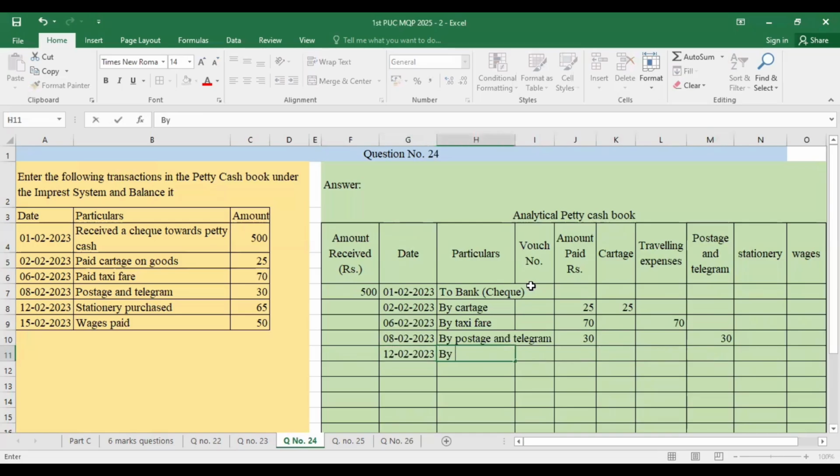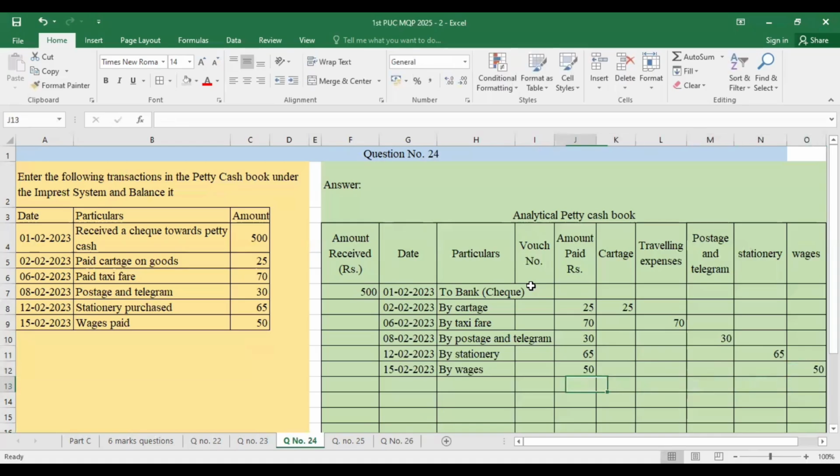So by stationery, the total amount paid is 65. Under stationery, 65. Next, 15th February, they have paid wages. Total amount of 50. So under wages column, 50.